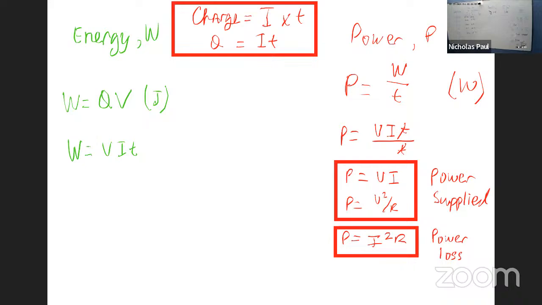Okay, but those are two new quantities that we are able to calculate sometimes, right? Electrical energy and electrical power.